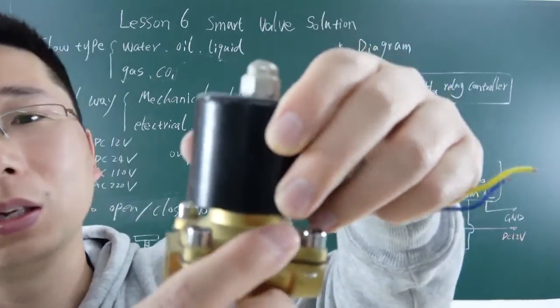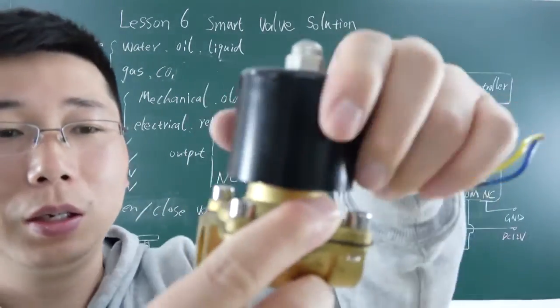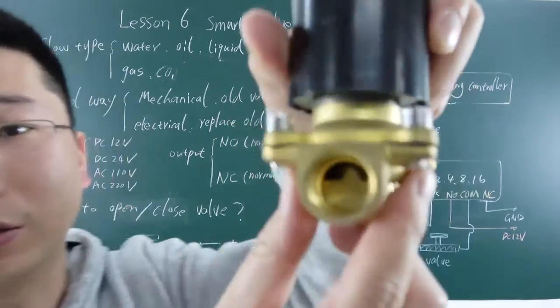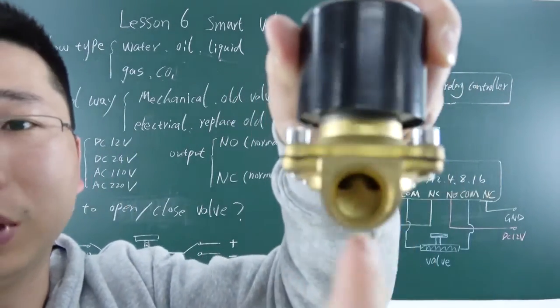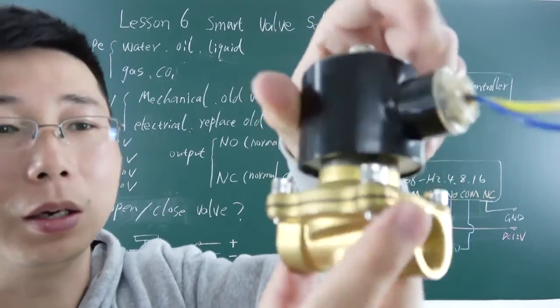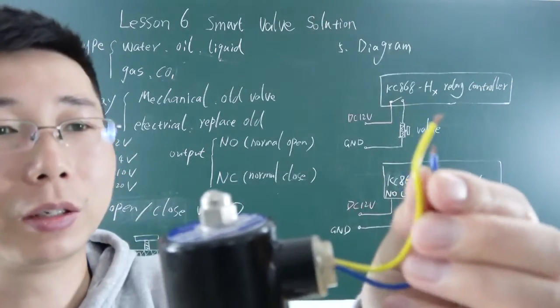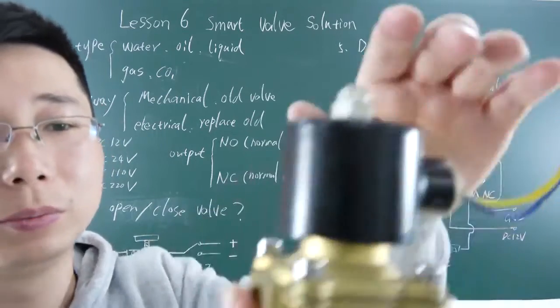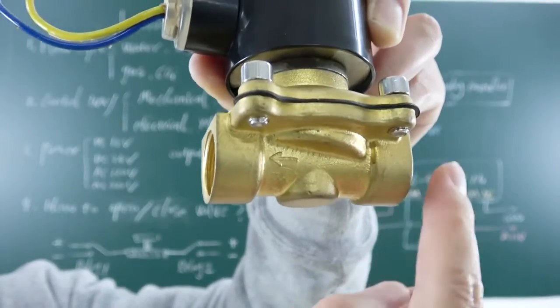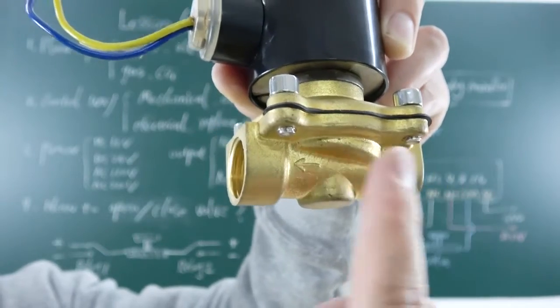And if there is no power, it is disconnected. It is closed. You can see there is a contact inside. Later, I will power it on for you as an example. This is a mark, this is the direction, so the oil or the water flows from this to this.